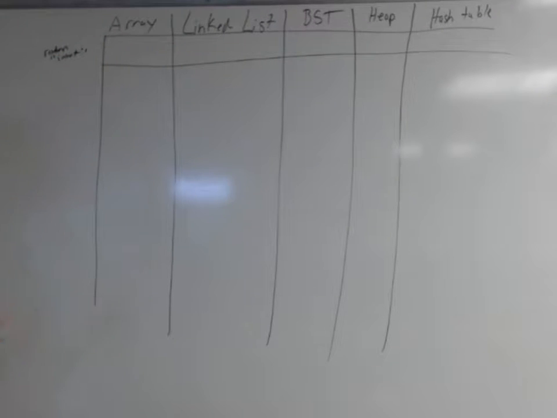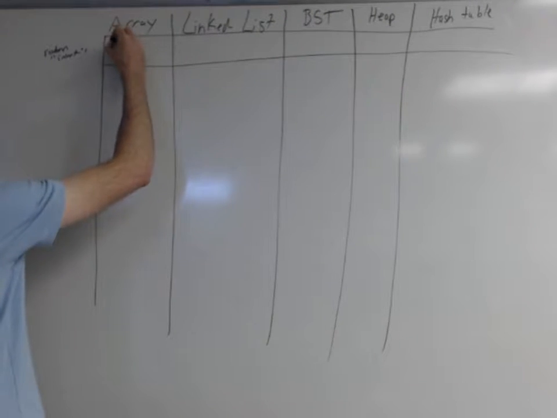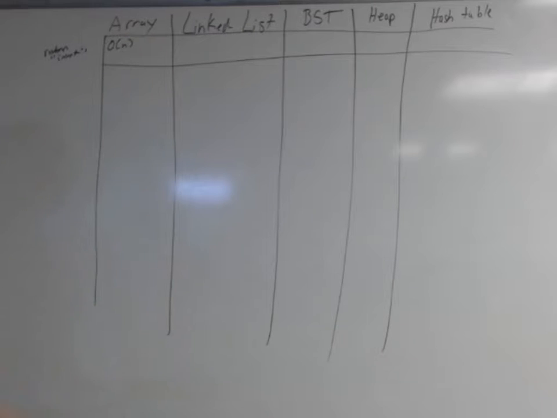It's really insert, but I'm calling it random just to say it's not necessarily at the end. How long does this take in big O? O of n for an array, because you have to find it, and even if it's sorted, that'll take log n, but once you get there, you may have to shift the whole array down. So it's pretty much O of n no matter what.